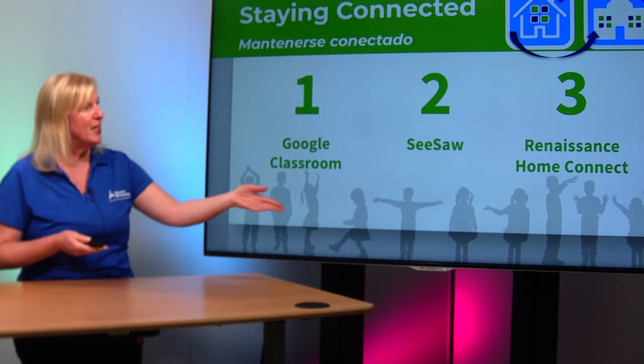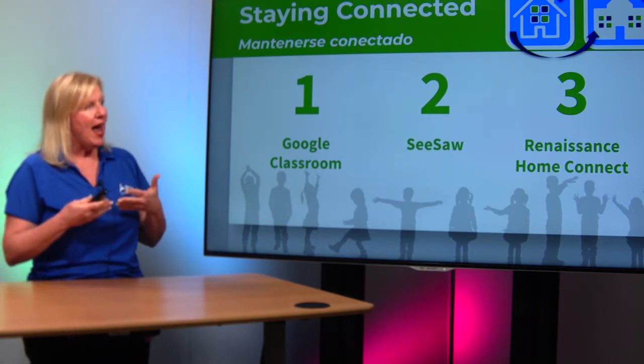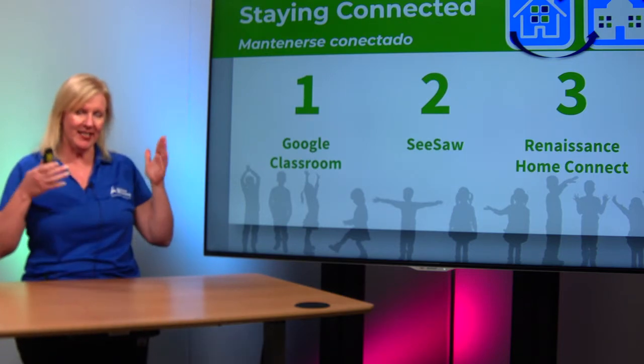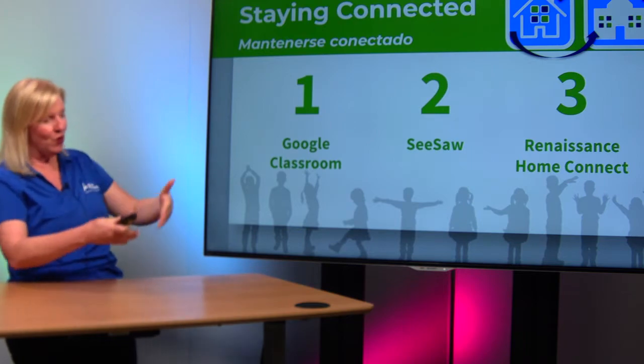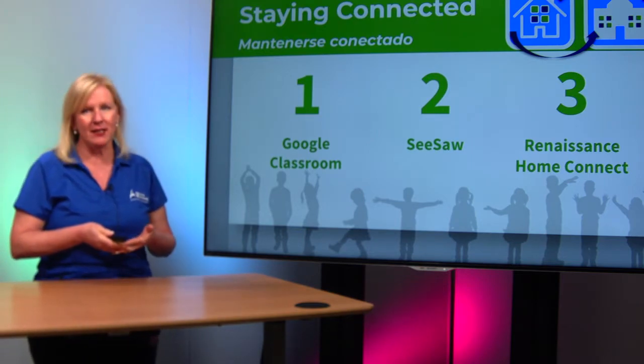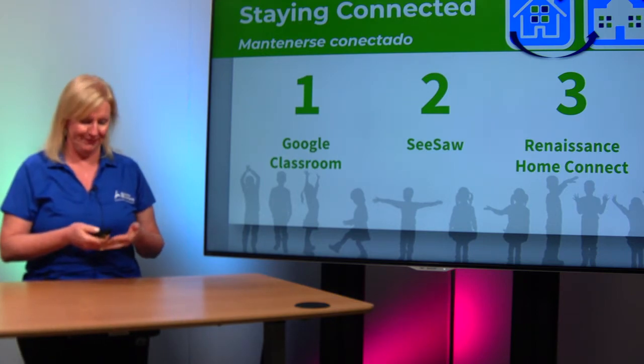So these are 3 ways that you can stay connected without having to make a phone call or an email. Once you're connected, this information will come to you through your email. And of course, anytime you're concerned, reach out to your child's teacher.